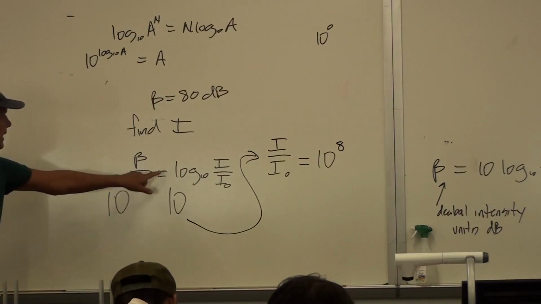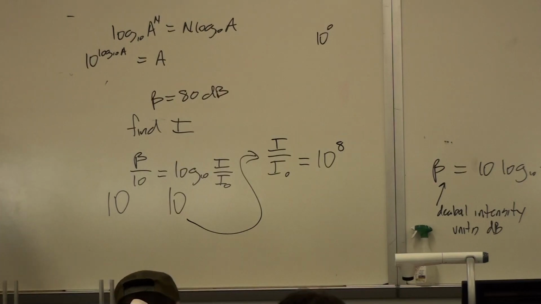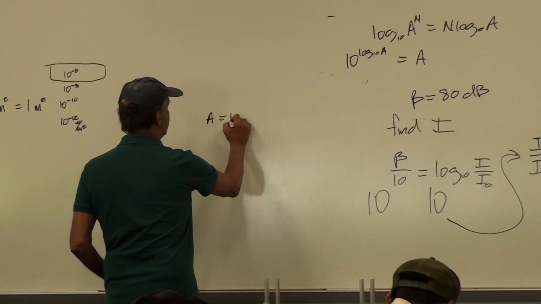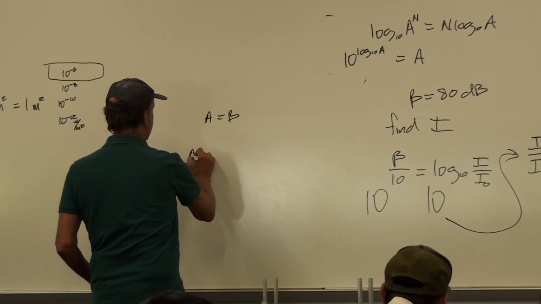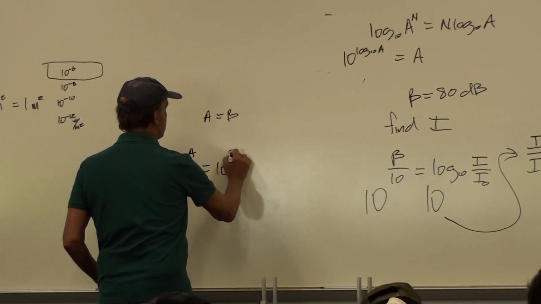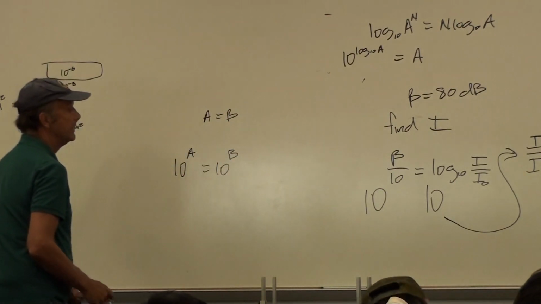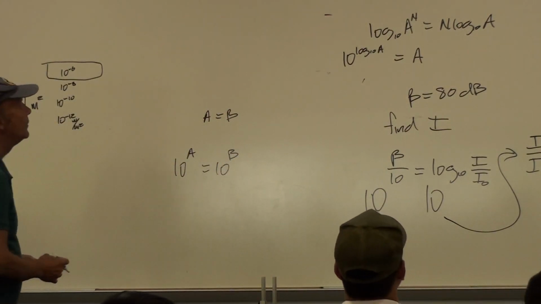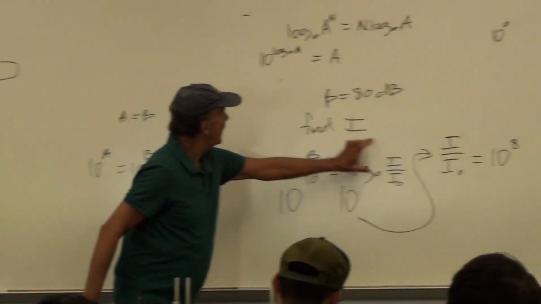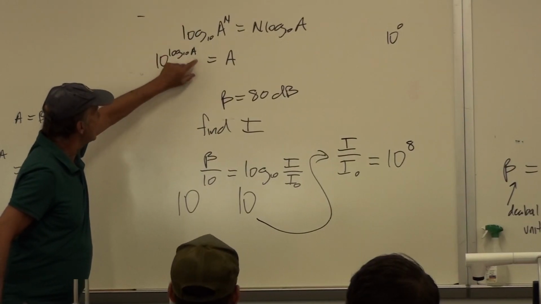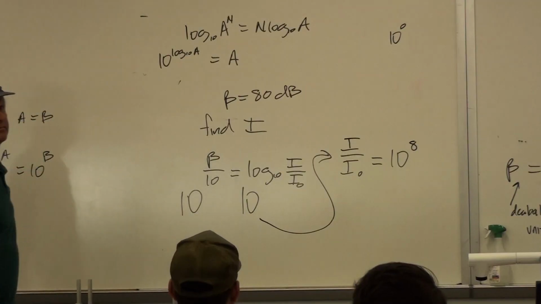I over I naught, because if A equals B, then 10 to the A has to equal 10 to the B. So I haven't changed anything that's equal by doing this. I'm just putting it in a form that allows me to isolate and get rid of the logarithm and isolate the argument of the logarithm.